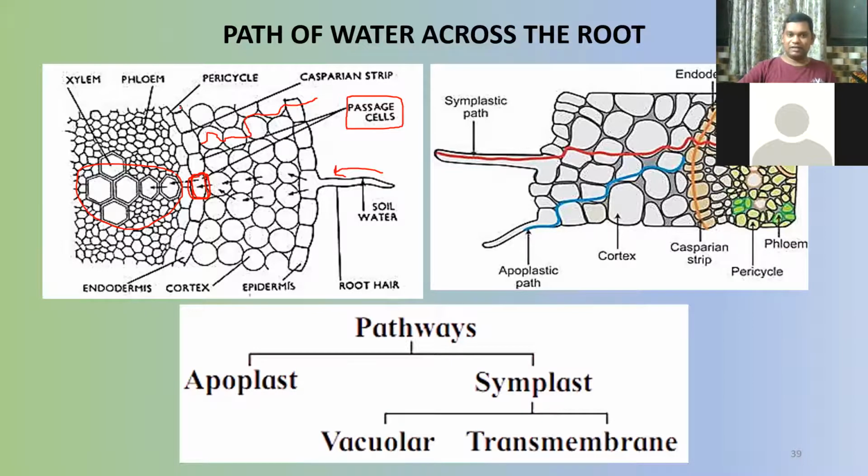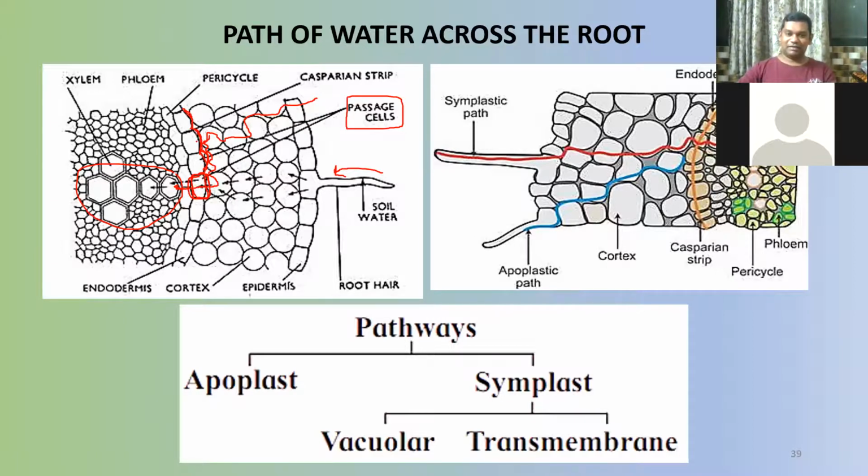The endodermis cells on one side have a specialized deposition on their cell wall on the inner side, which will not allow the water to cross and reach the phloem. Then it will slide over here, reach the passage cell, and then go into the xylem.